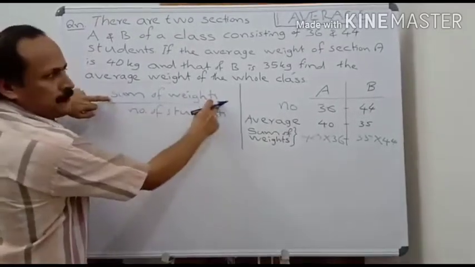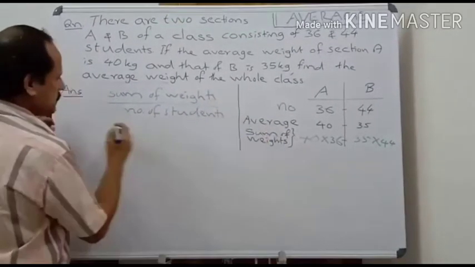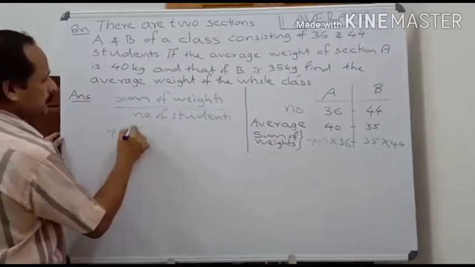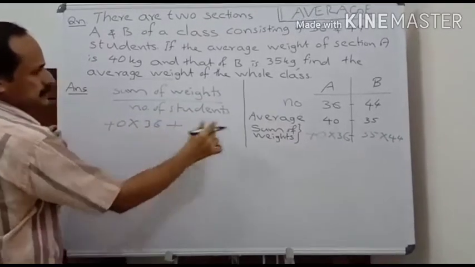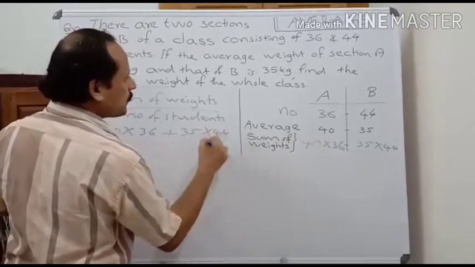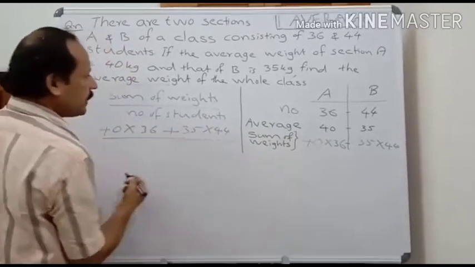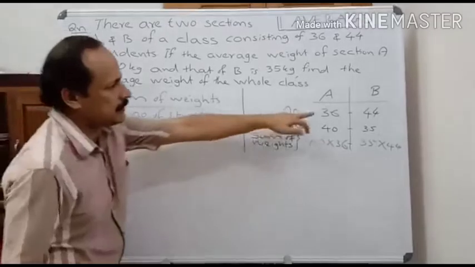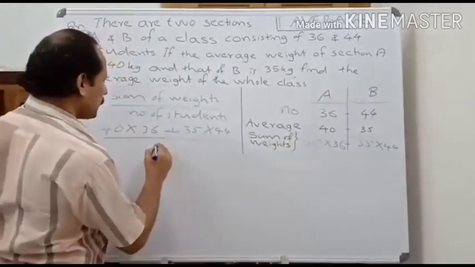Therefore, the average weight of the entire class is 40 into 36 plus 35 into 44, whole divided by the total number of students, 36 plus 44.